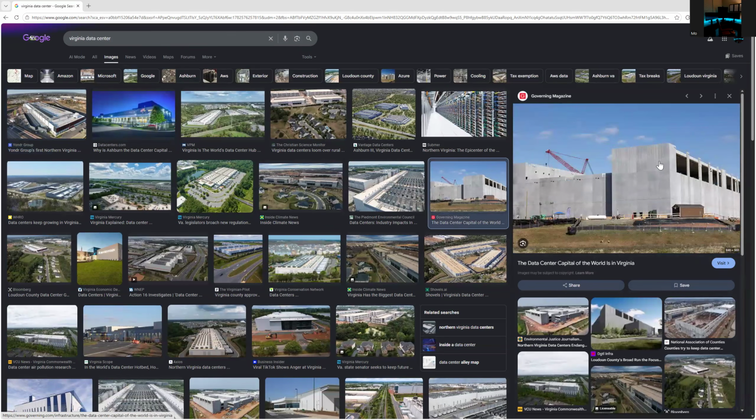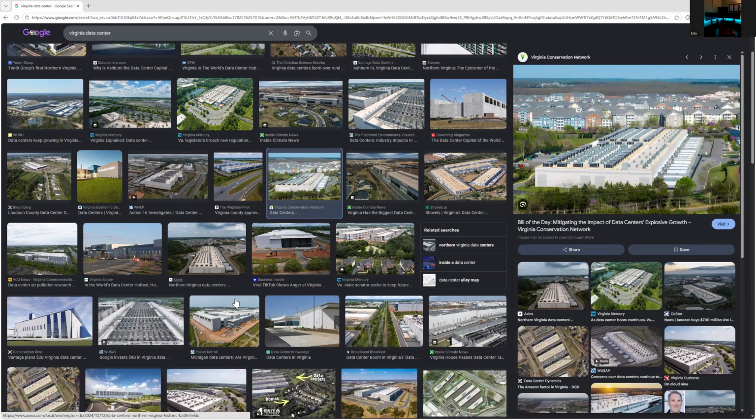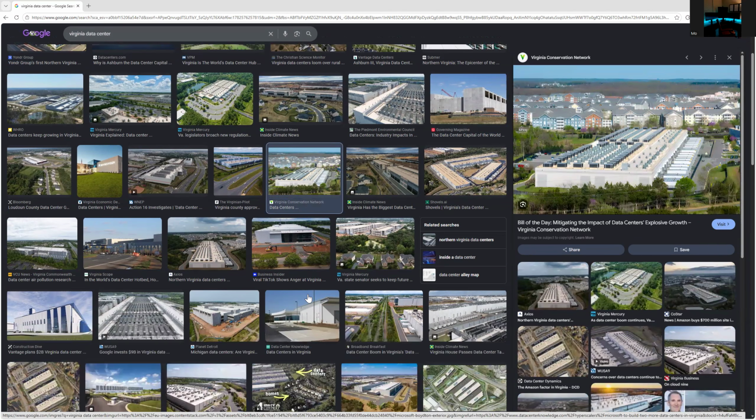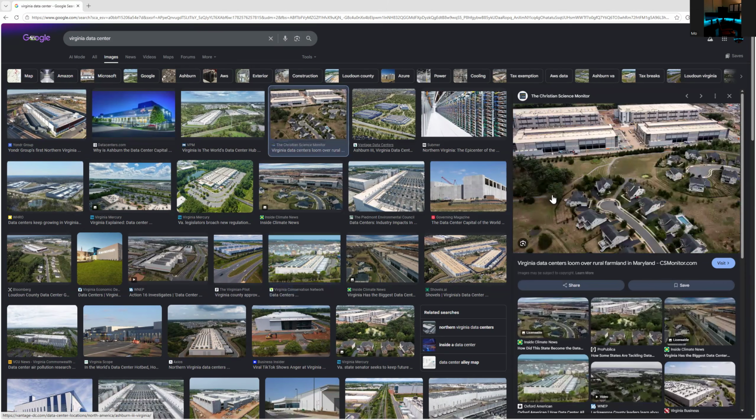See how they're building them? That's a massive infrastructure. Look at how much power it needs, you know? That's what all these data centers are. You see?